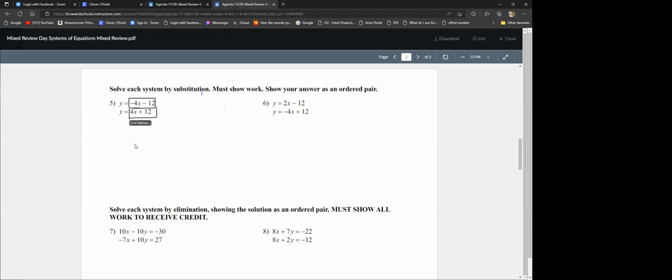It's kind of like A equals B, B equals C. What do you know about A and C? They're equal to each other, right? Same idea here. So just equate the 2 of them together. Let them equal each other. Negative 4x minus 12 equals the second one, 4x plus 12.